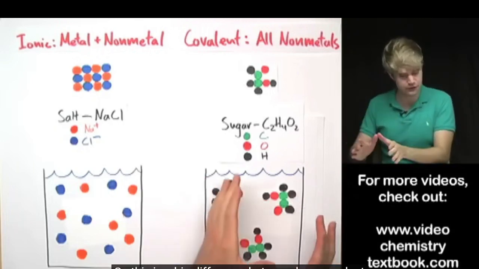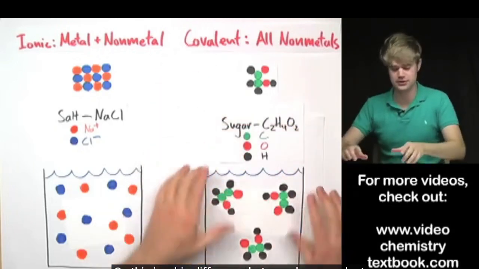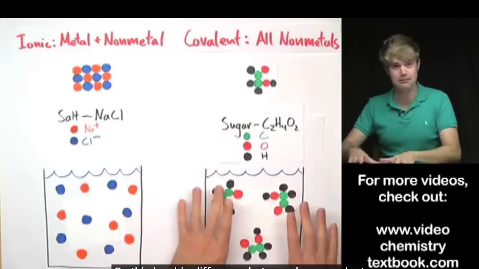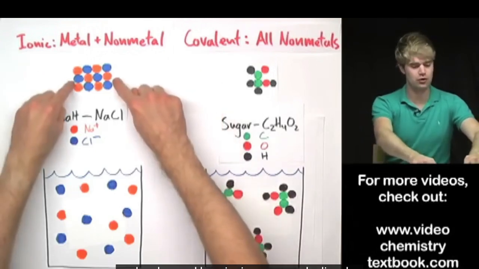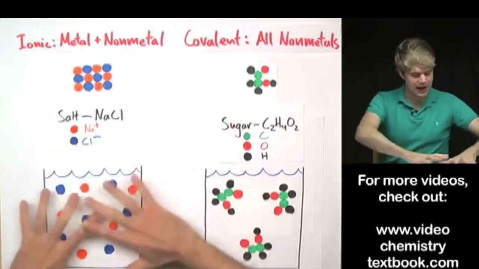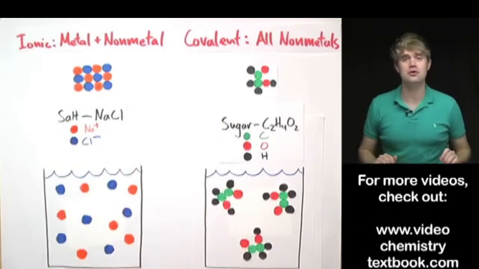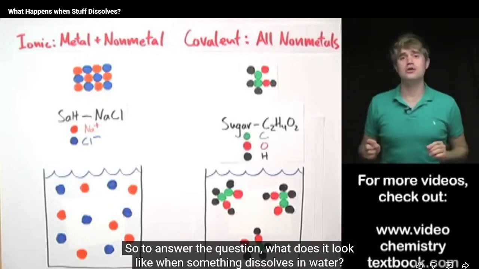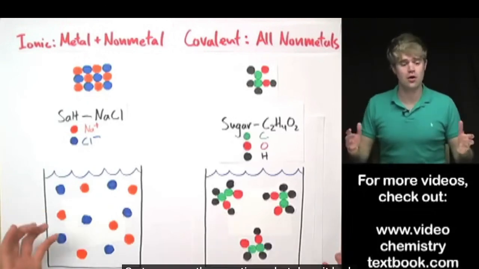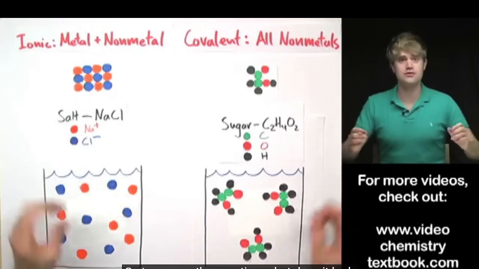So this is a big difference between how covalent compounds dissolve, where the molecules stay molecules, and how ionic compounds dissolve, where the grains of things like salt actually break apart into the individual ions. So, to answer the question, what does it look like when something dissolves in water?